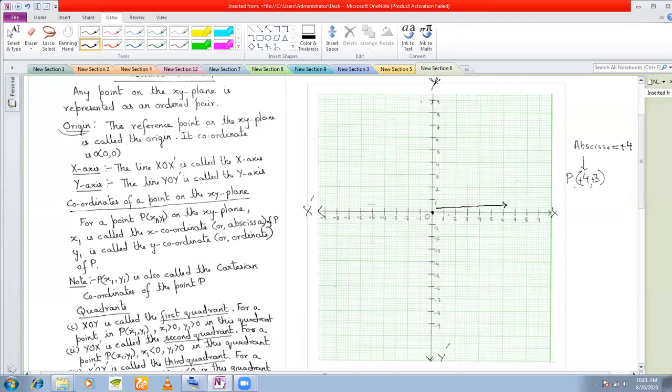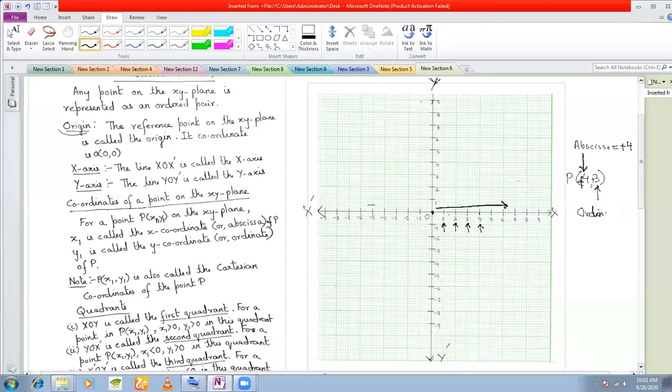Why the positive direction of x? Because this is your x coordinate and this is your plus sign. What is the distance that you move? You will move 4 units. So you count 1, 2, 3, and 4, and you stop here at 4. Now you see the y coordinate, or the ordinate.